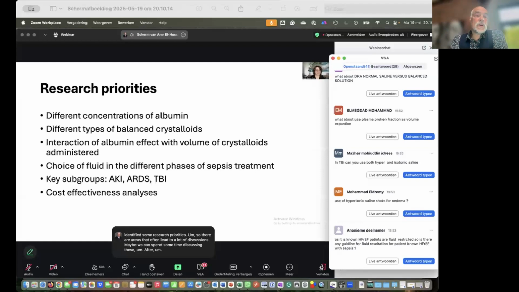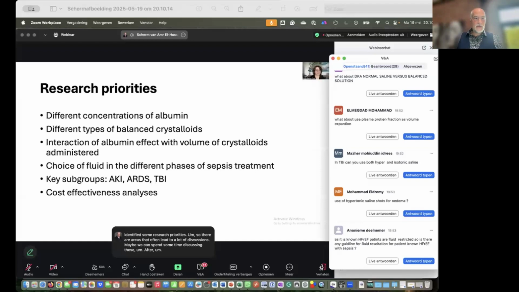Go to menti.com and enter the code 46582926. Okay, so it looks like we have a majority now for Ringer's lactate. I see now we have 60 people joining, so we wait a little bit for the votes to come in. I'm going to hide the results because psychologically people will always vote for the highest result. Okay, please join and cast your vote.